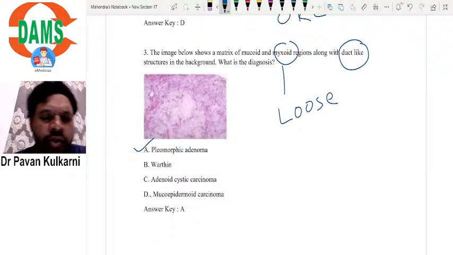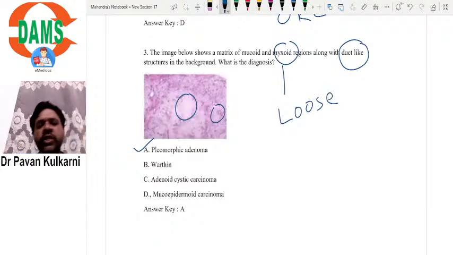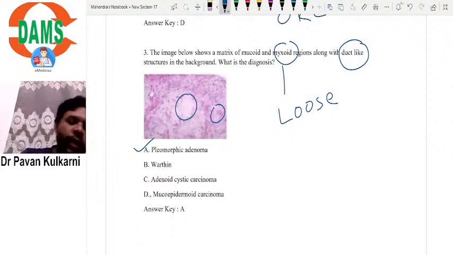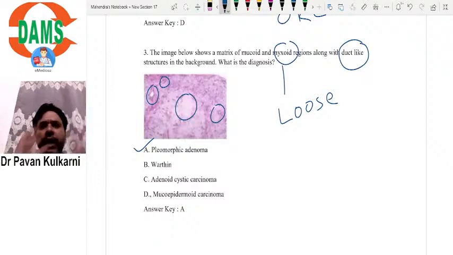In this image you can see clearly there are certain loose areas. Such a loose myxoid area with duct-like structures. I hope you can see some ducts here, some ducts here. Multiple such ducts will be there. So ducts and loose myxoid area is characteristic of pleomorphic adenoma.